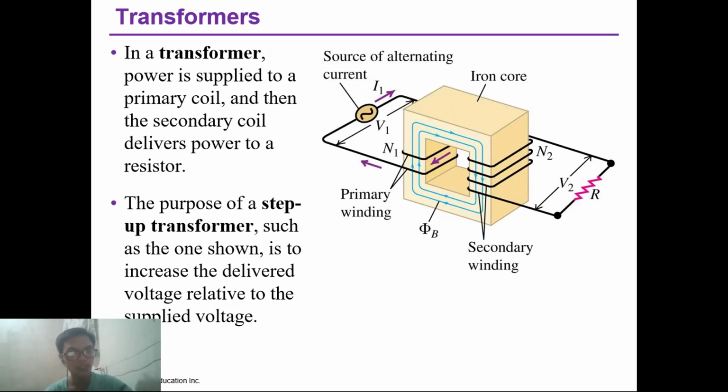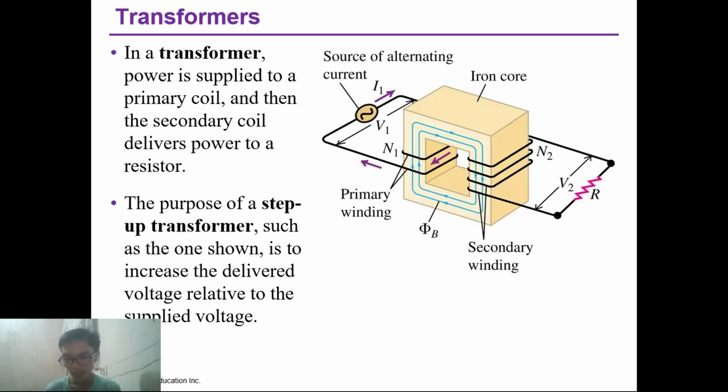Transformers are devices that transfer electrical energy between two coils using mutual inductance. The primary coil receives power from the source. The secondary coil delivers power to the load. There is no direct electrical connection. Energy is transferred via the changing magnetic flux. Step-up transformers increase voltage, while step-down transformers decrease voltage.